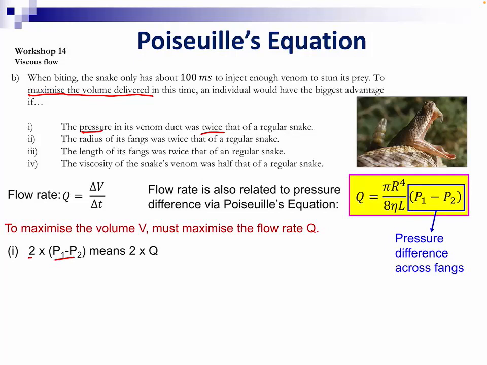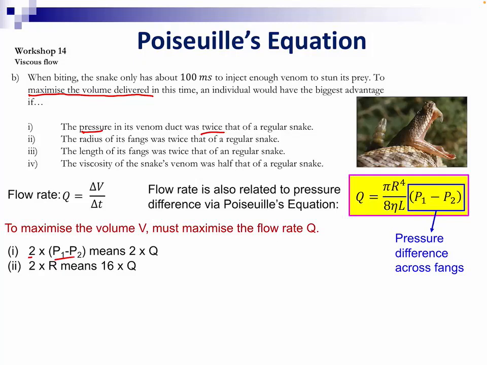Next choice, the radius is twice that of a regular snake. So the radius is doubled, which means 16 times, because that's 2 raised to the power of 4. Double the radius, the flow rate will increase by a factor of 16.